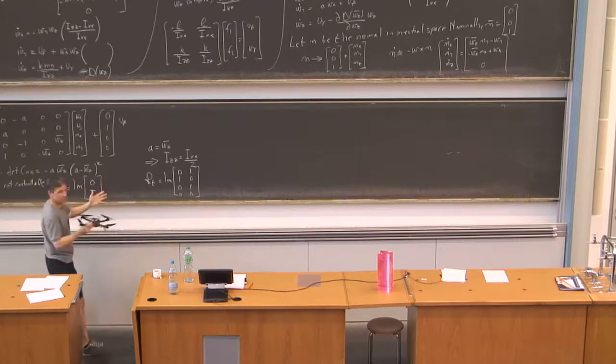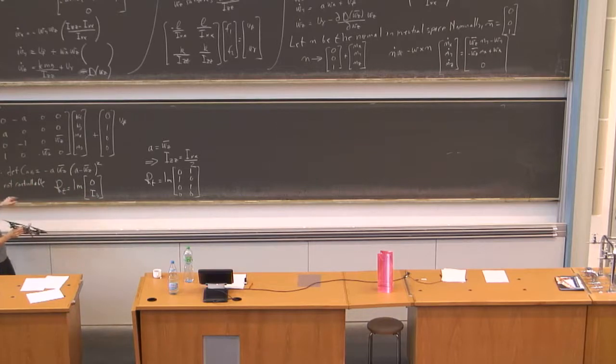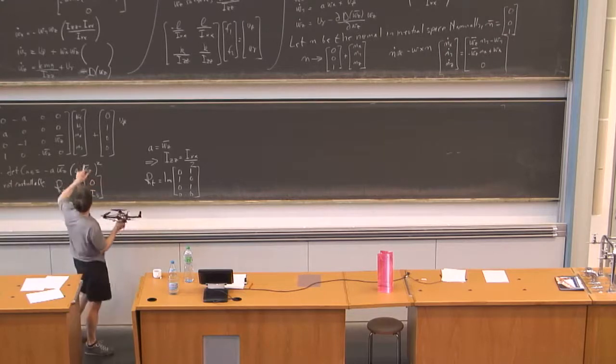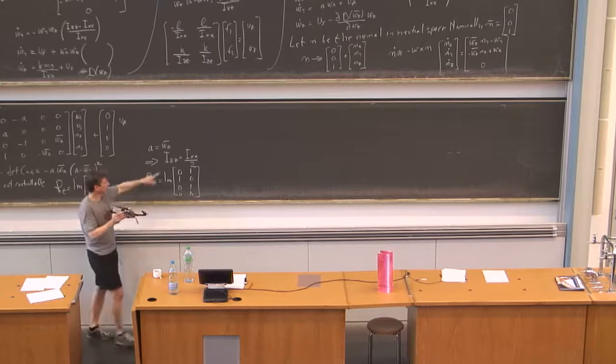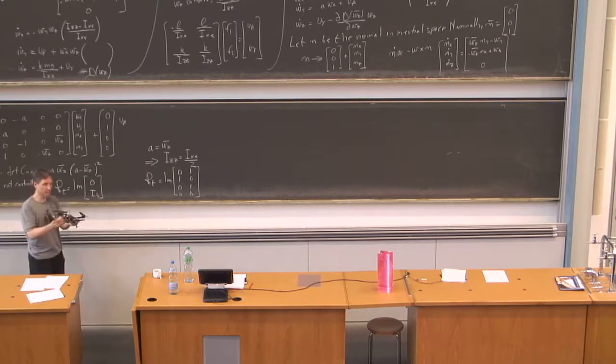The beauty of this analysis is that for these two cases, when Izz is equal to Ixx, it can't fly, and when it's equal to this, it can't fly. So this analysis tells you how you should design this vehicle so that you can fly it.